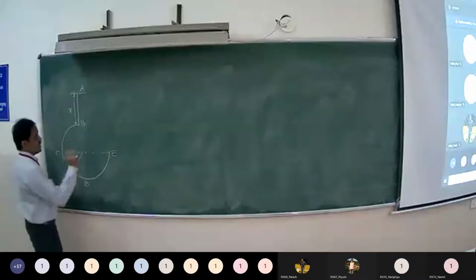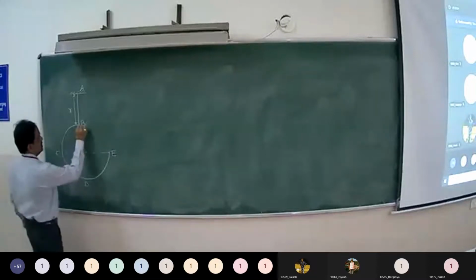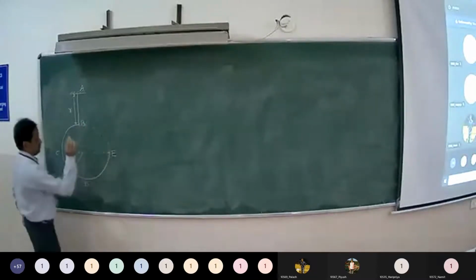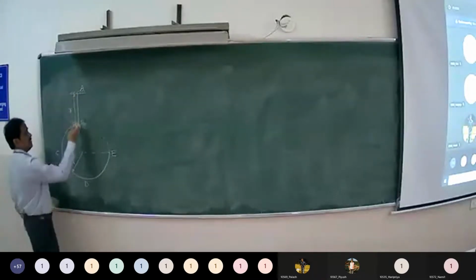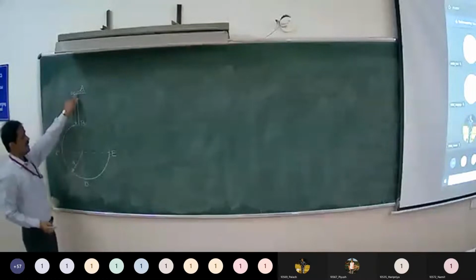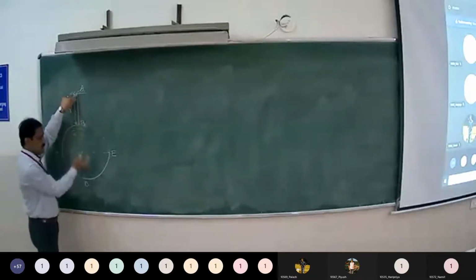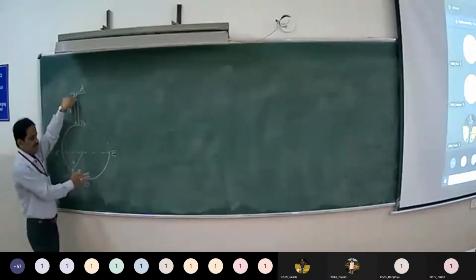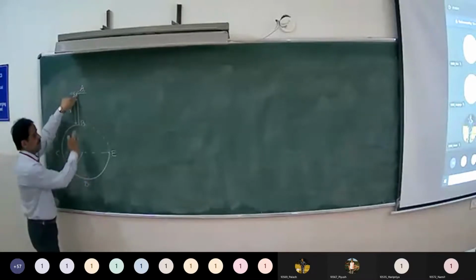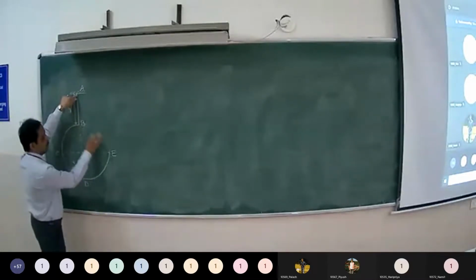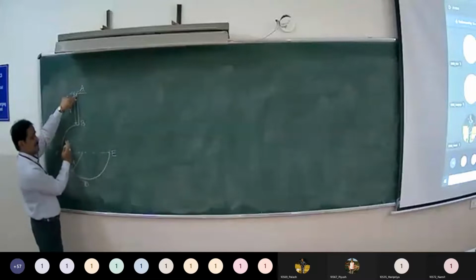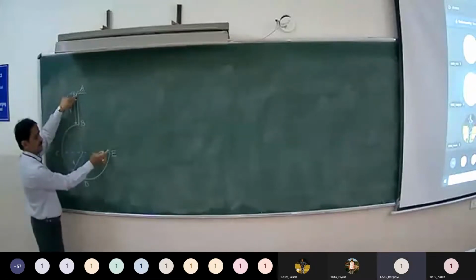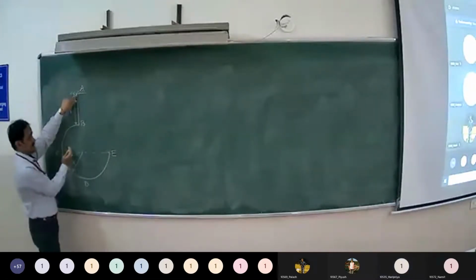See, suppose we have a complete circle and this AB, when it is suspended from point A, it remains in this position only, in equilibrium, right? But here, this portion is removed. Now, the center of gravity of this bend will be shifted towards the left.